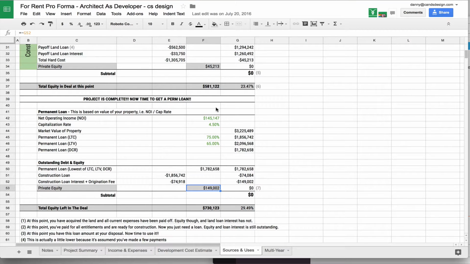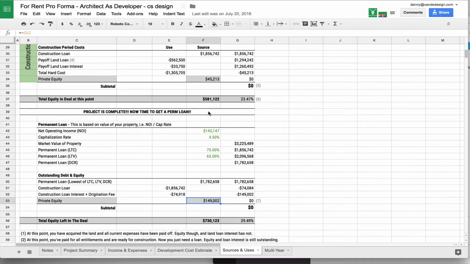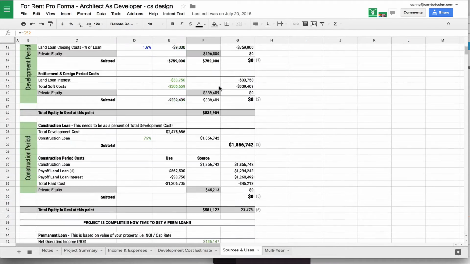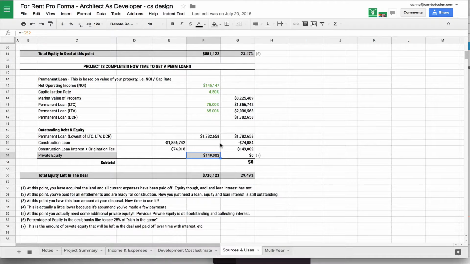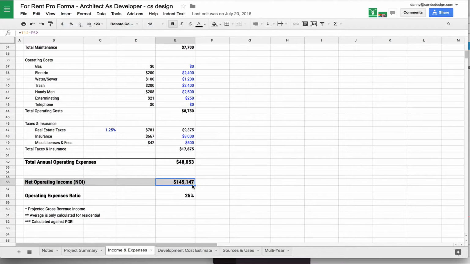And the only money that the project owes is to all of the individuals who participated in the private equity deposits. So these people who gave you money to do this project are now the only ones that are still owed money. And they're the ones that are going to be paid over time, again, from your net operating income. So this net operating income is going to dwindle really fast.